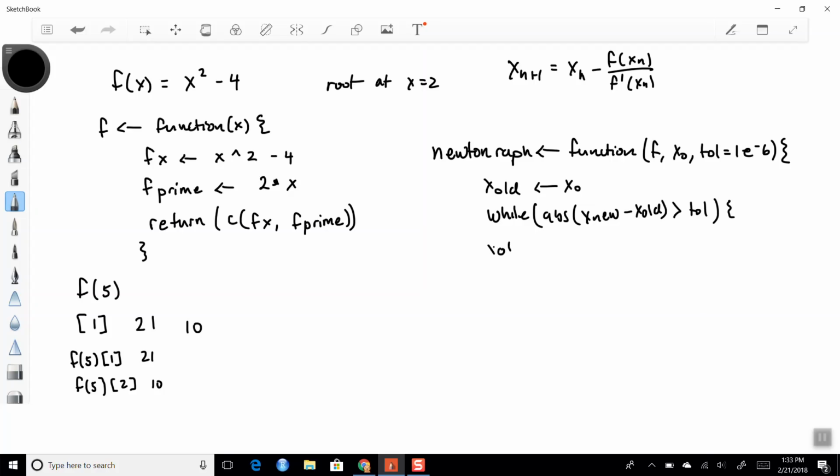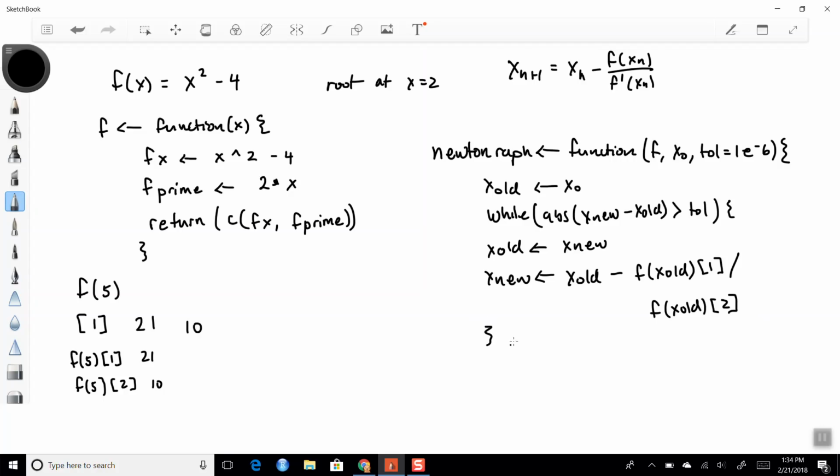So x old will take our current new value, okay? And then all we have to do is the new value is going to be x old minus f of x old, take the first value, divided by f of x old, the second value, okay?